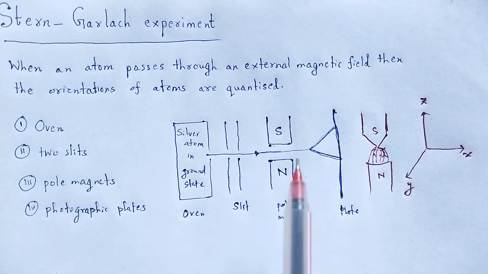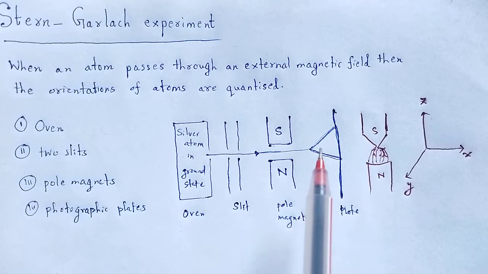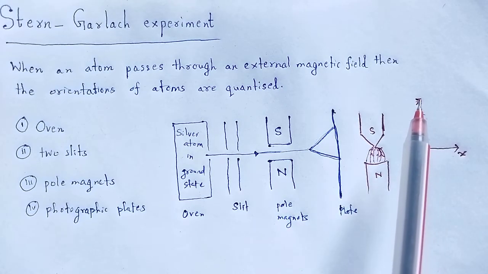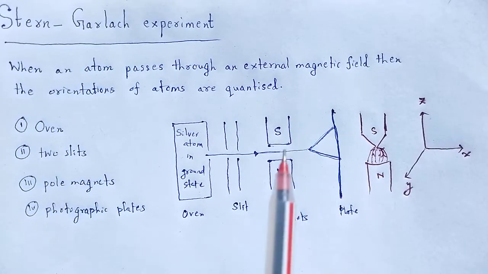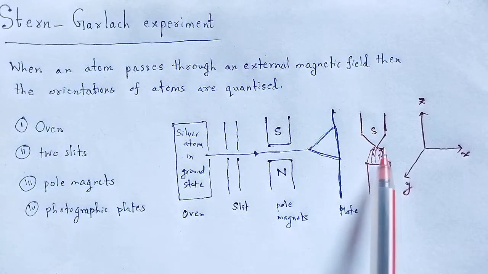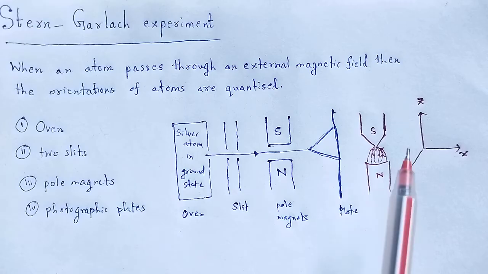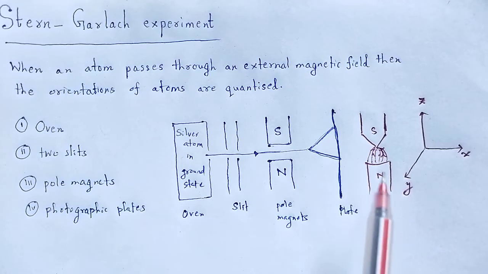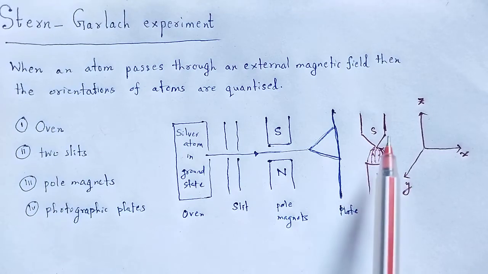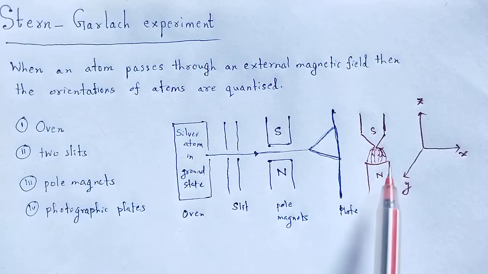Here it is necessary to have a force along the z direction. To avoid this, we prefer a non-uniform magnetic field, and to create it, we take this arrangement of specially designed magnets.